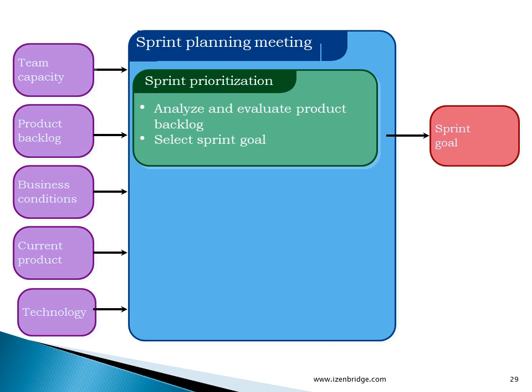So this is how it looks. We start with a team capacity, which sometimes is also looked at as velocity, and a product backlog. In the first section, we analyze and evaluate the product backlog, and we agree on a sprint goal. In the first section, the product owner takes the lead in identifying the requirements, because he is the one who grooms the product backlog.